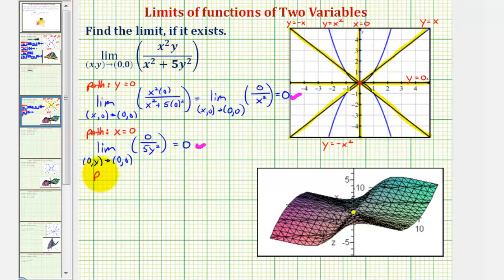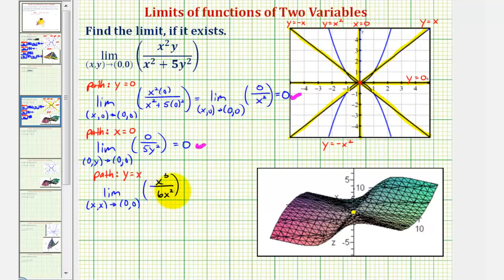So now for the path y equals x, we'd have the limit of, we'll substitute x for y, so we'd have x comma x approaches 0 comma 0. Now if we substitute x for y, notice the numerator would be x squared times x, or x cubed. The denominator would be x squared plus 5x squared, which would be 6x squared.